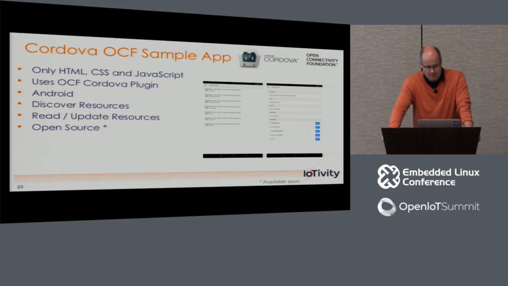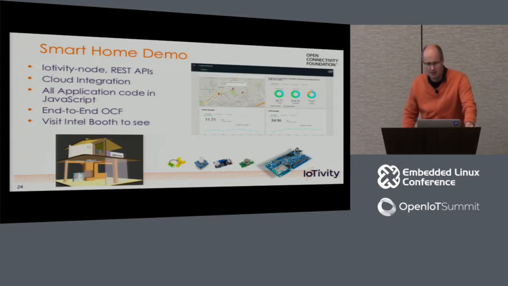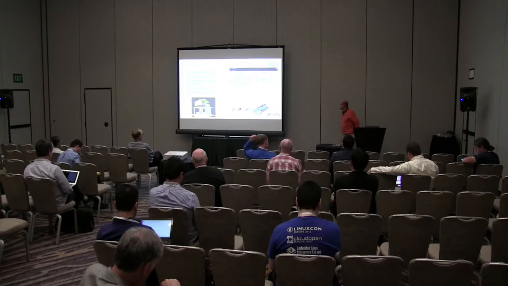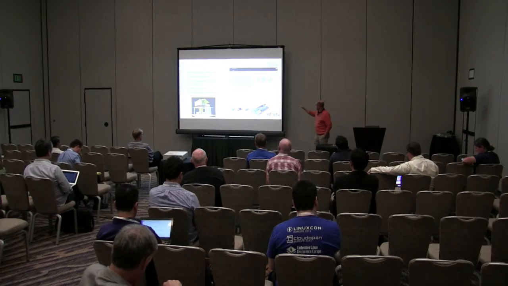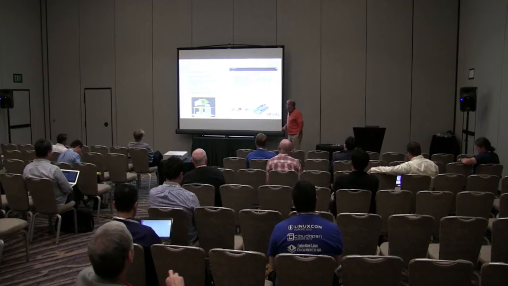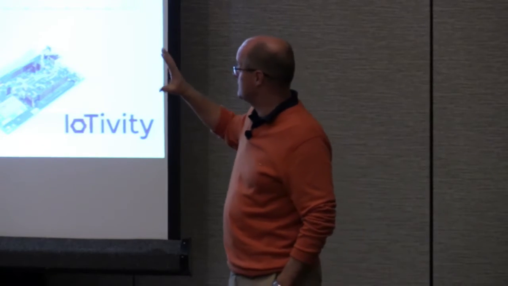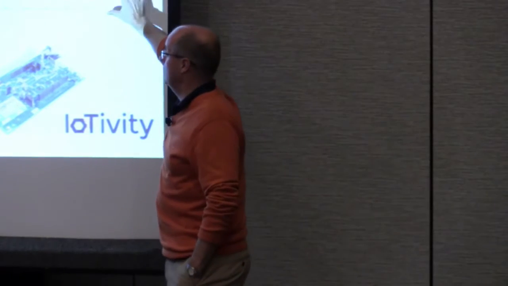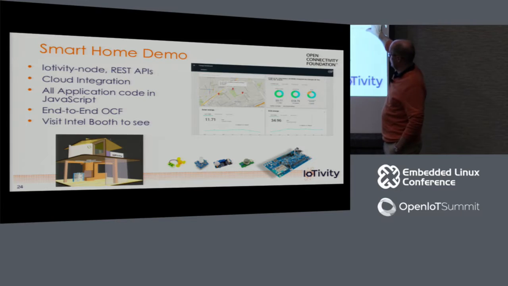Okay, so those are the technologies. I mentioned this smart home demo several times, so this is the demo section for that one. It's built with the Iotivity node, with the REST APIs for the cloud integration. The cloud app is shown here.